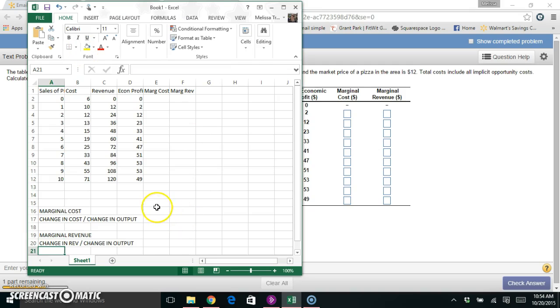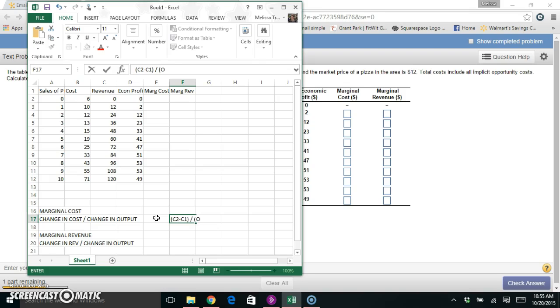Okay, so in mathy terms, what that means is that we'll have our second cost, cost 2 minus cost 1. So our cost from whatever our second amount is that we're outputting, minus the cost from outputting 1 fewer, and we'll divide that by our change in output.